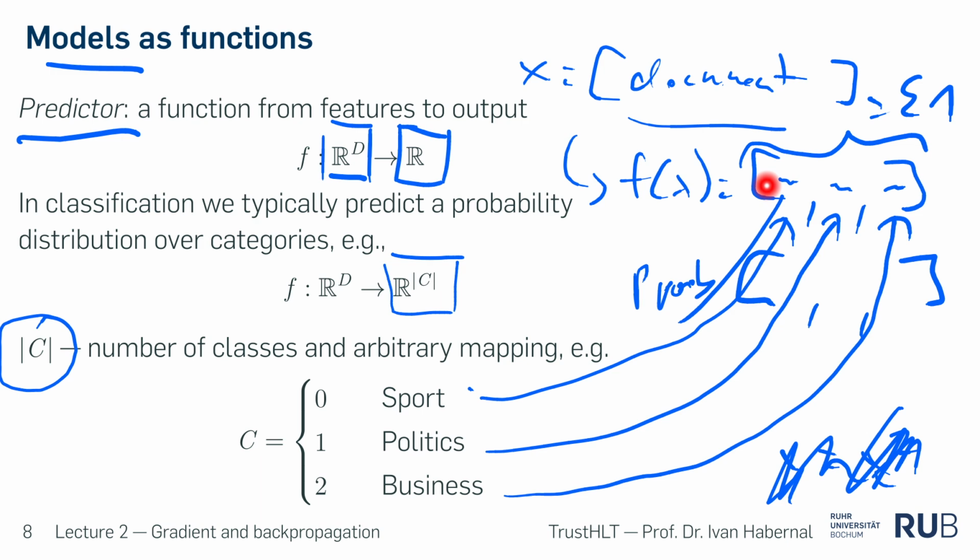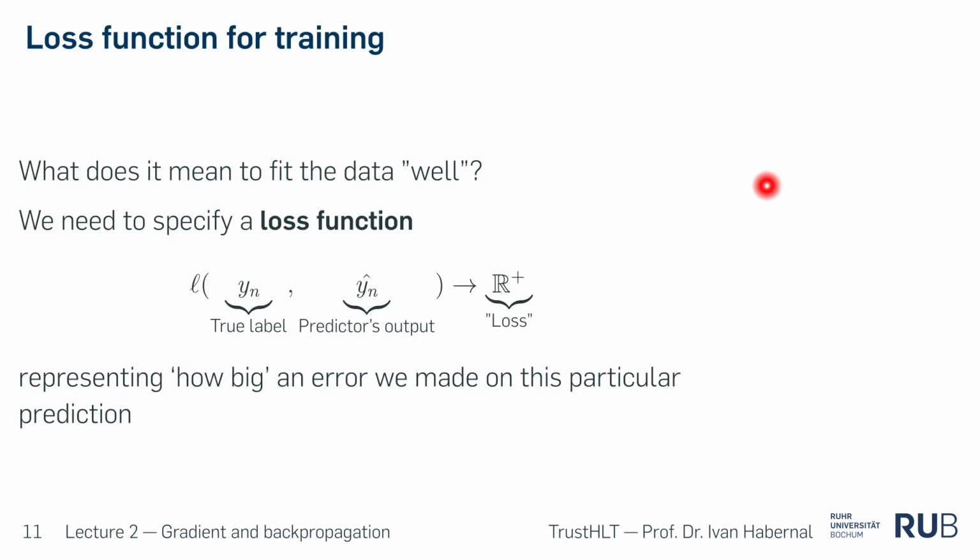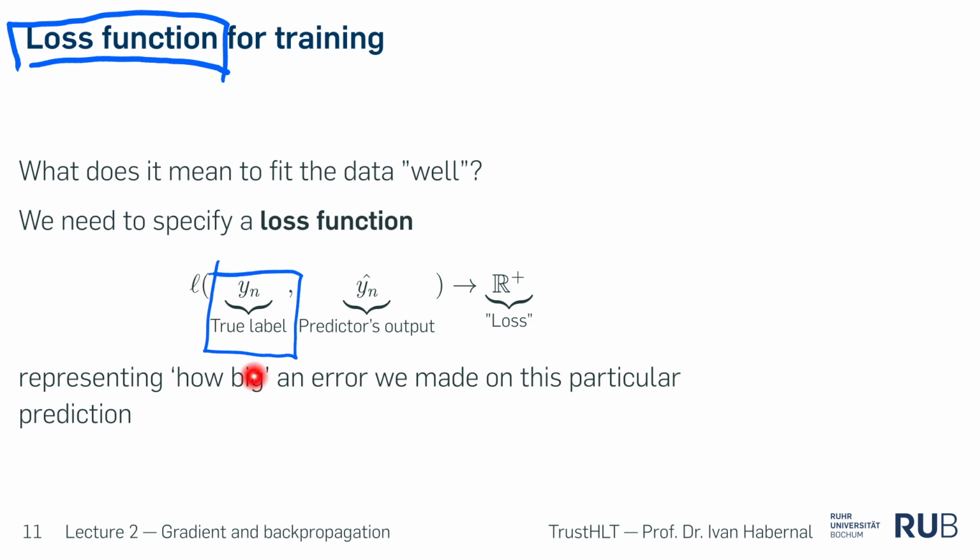Does this intuition make sense? You're penalizing your classifier, and you're penalizing it more the worse the prediction is. And this is called the loss function: how much we're losing on each prediction. Here we have the true label, for an example of just a single real-valued number prediction, and we have the predictor's output.